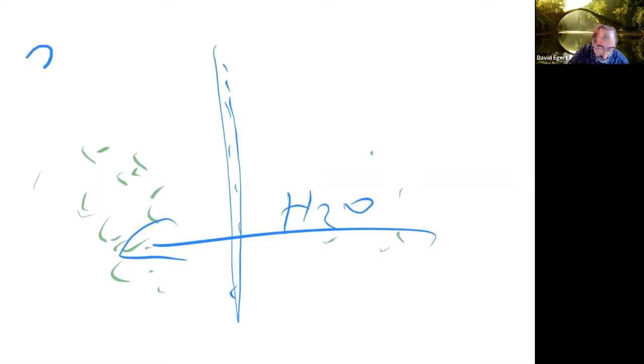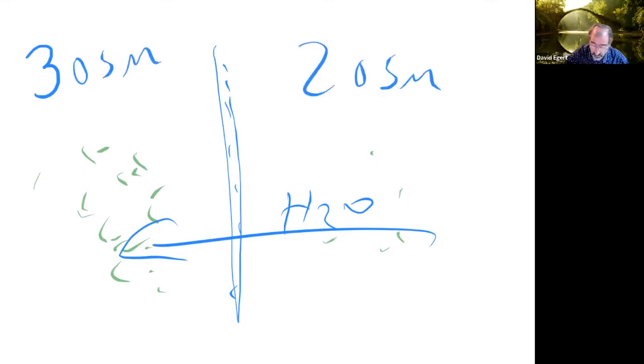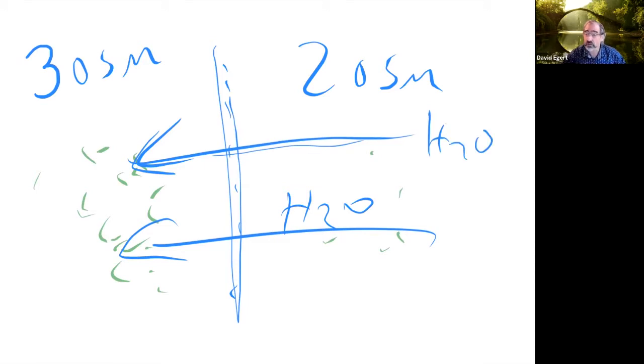If this was 3 osmolar and this was 2 osmolar, the water is going to move from the lower osmolarity to the higher osmolarity. So the side that has a higher osmolarity is always the side where the water is going to move.